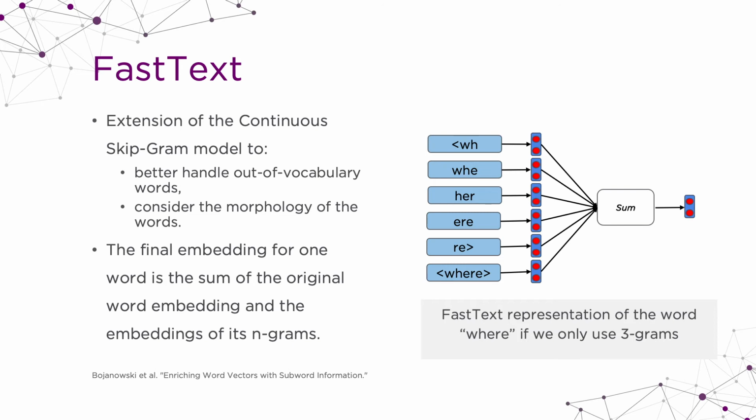You see it here, like I have the word where. I decompose the word into various n-grams. So here I'm just plotting the 3-grams because it's easier. But you see that I have all these components, and I will create one embedding for every one of these components, and then sum all of them together.